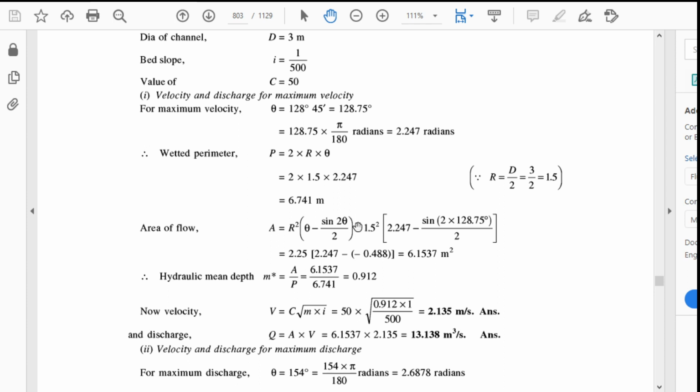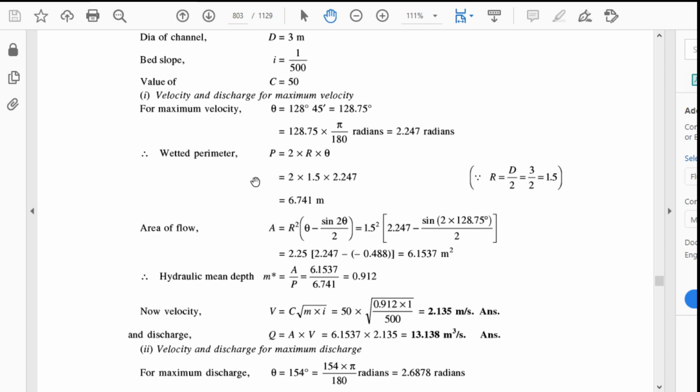Now by using this perimeter and area, we can calculate the hydraulic mean depth, and also by using the formula 0.3 into the diameter, we can find the hydraulic mean depth. We can use both formulas.